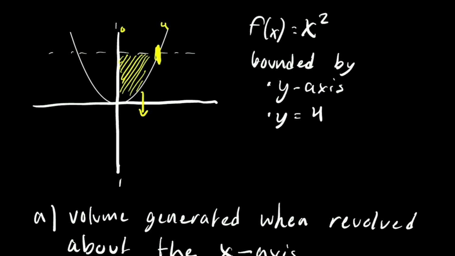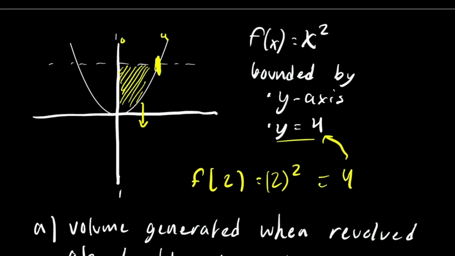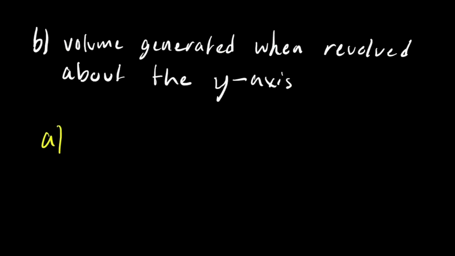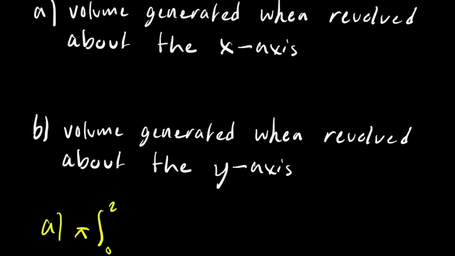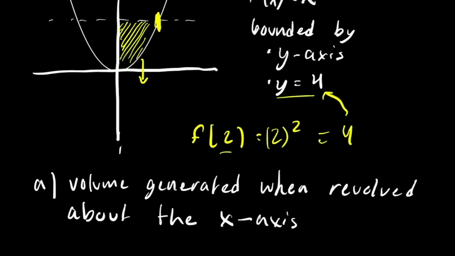It's x equals 2, because f of 2 equals 2 squared, which equals 4. So that's where it intersects. So we're integrating from 0 to 2. Got to be careful when it asks you questions like that. Actually, this is a really good one to go over.